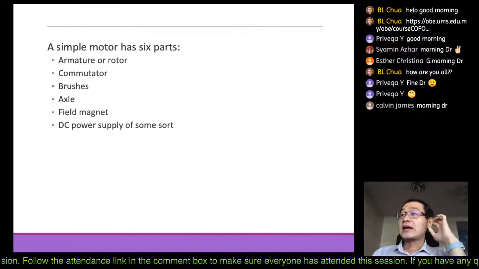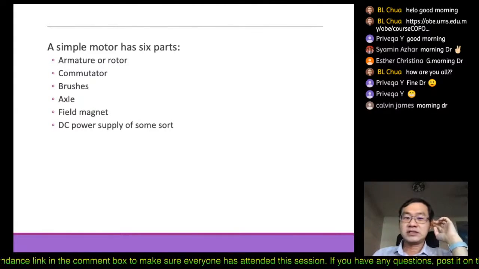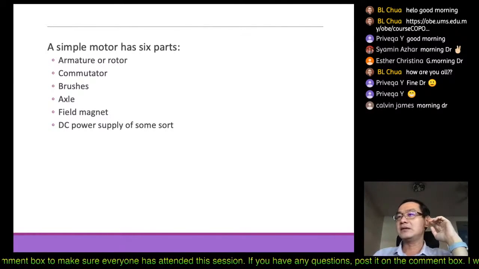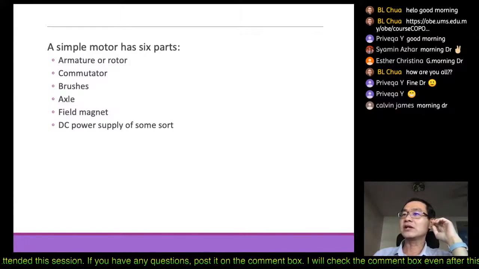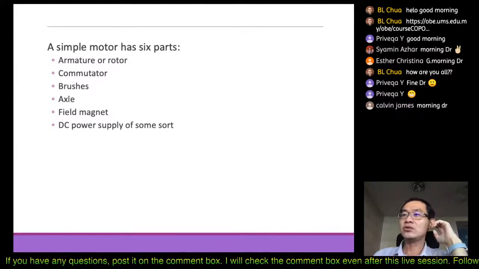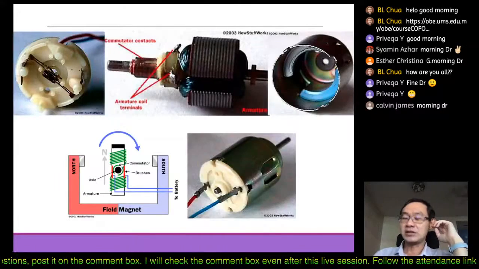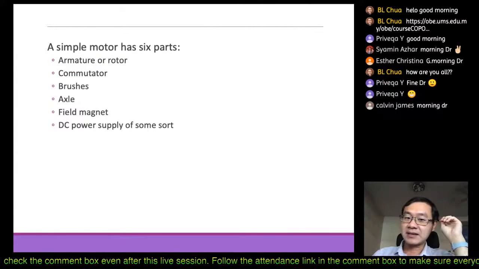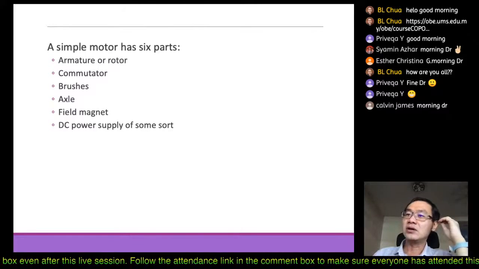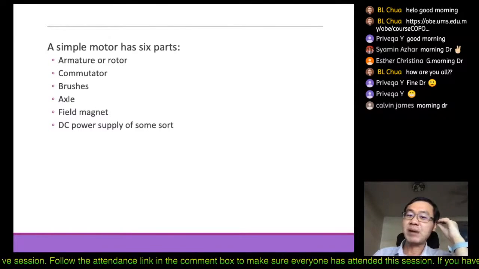The electric motor consists of 6 major parts. This is the rotary type of motor. There is an armature or rotor, commutator, brush, axle, the magnet, and finally the power supply.